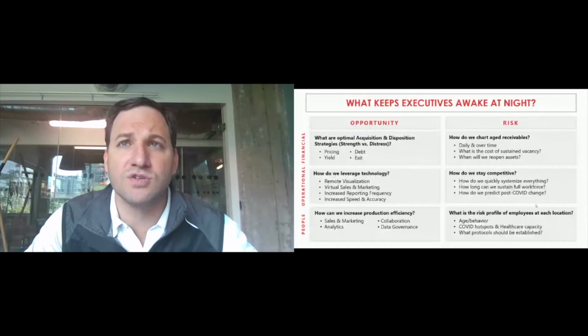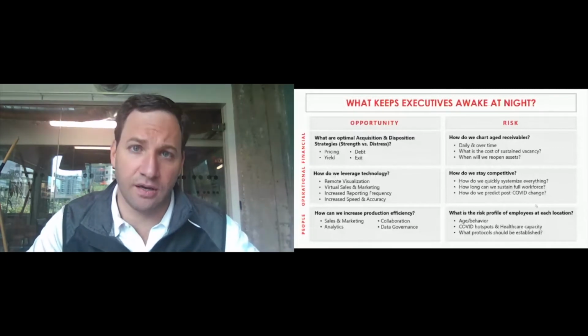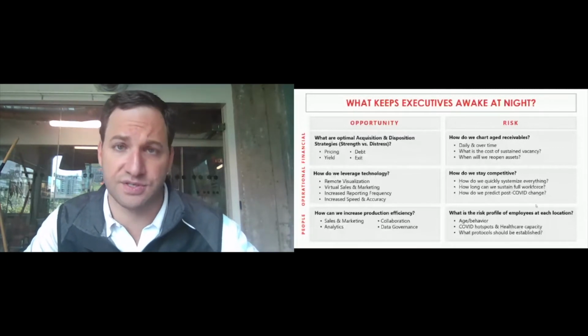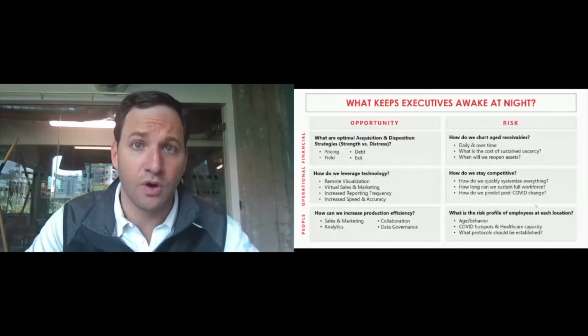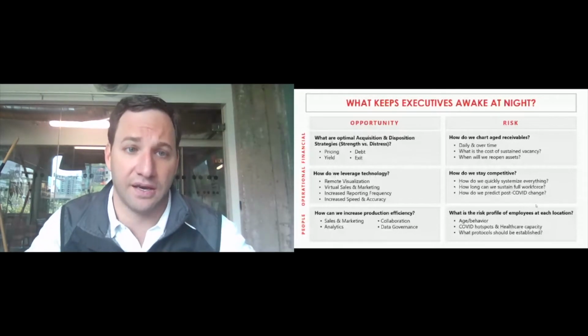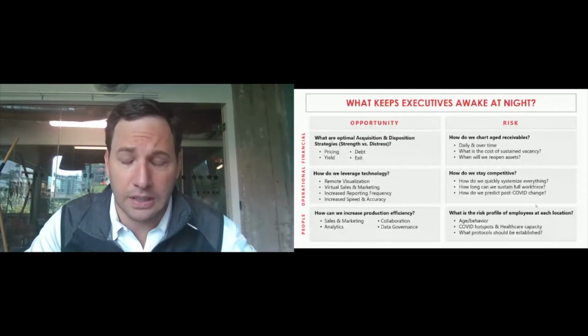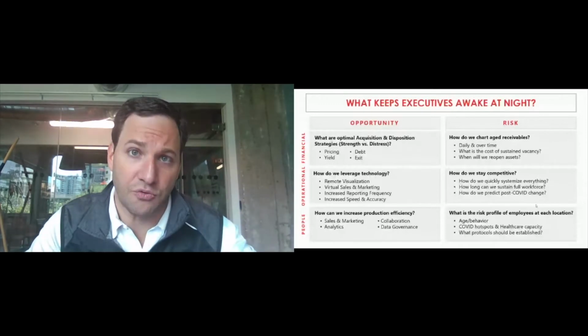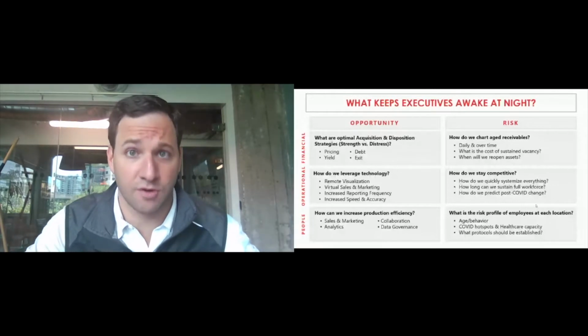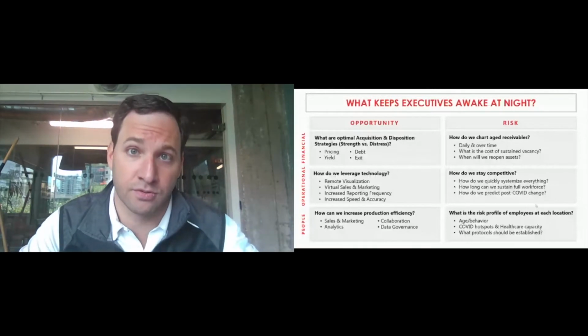And so if you are overseeing a leasing team, an acquisitions team, an accounting team, or if you're a C-suite executive at an asset management company, understanding risk versus opportunity becomes super important in our environment. And that's regardless of property type, right? Certain property sectors have been affected more than others.